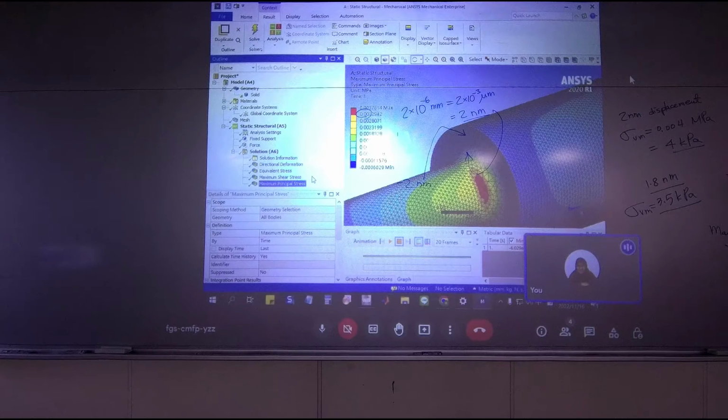And from here you can tell, very similar to over here, very similar to your maximum principal stress, because they could be determined from the same Mohr circle. That's why the value right here and the value right here is very close.